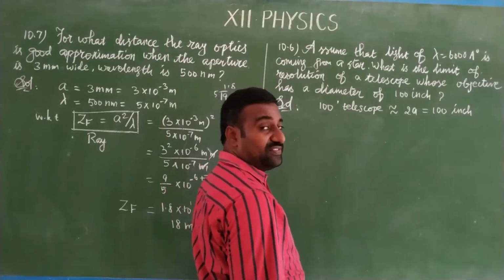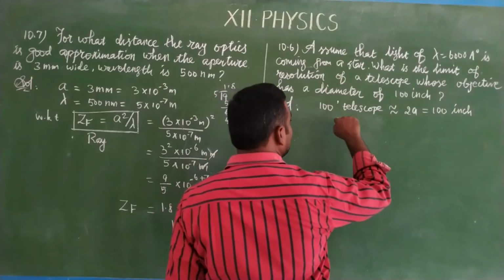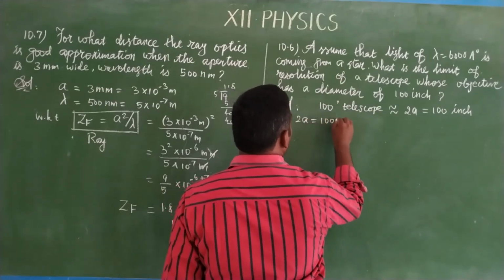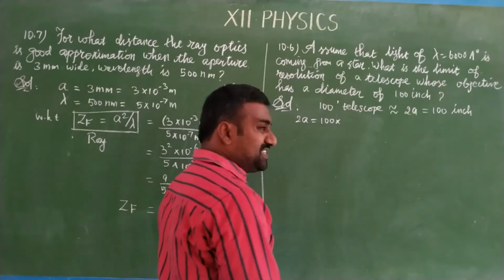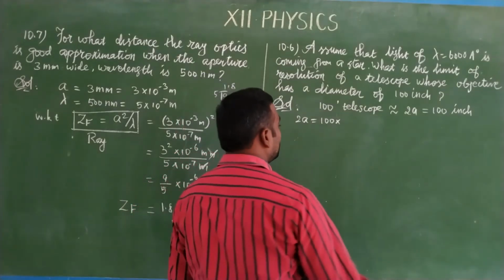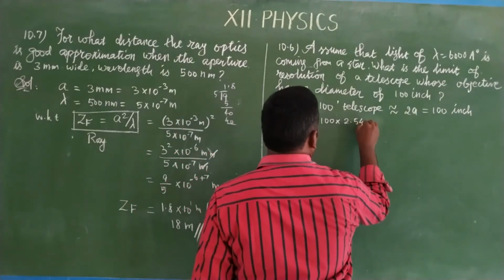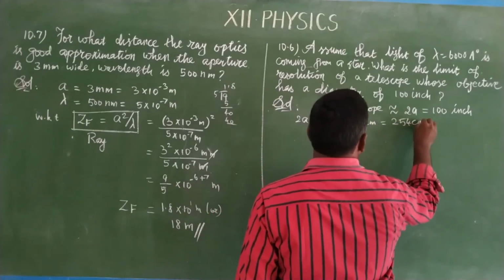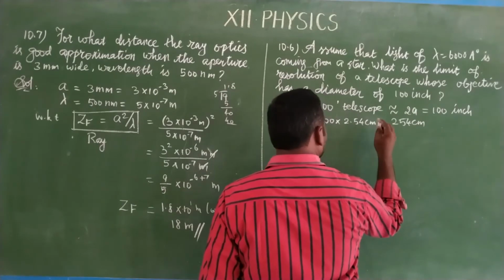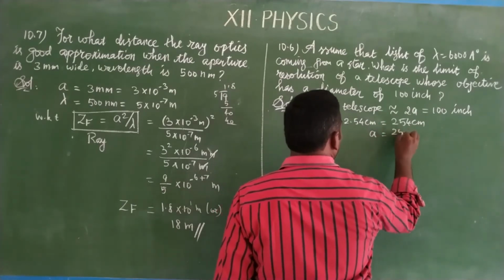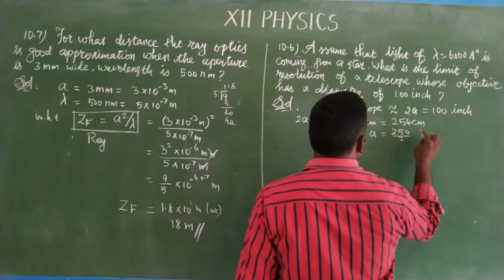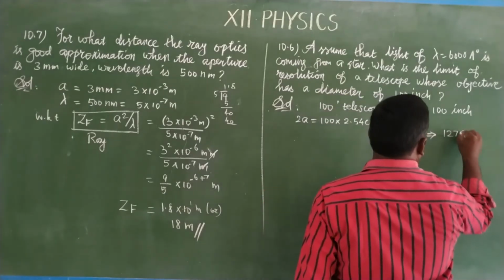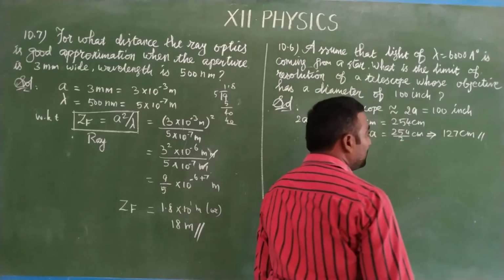But the unit of length should be meter, so converting inch into meter: 2a is 100 into 1 inch, which is 2.54 centimeter, giving 254 centimeter. So the width a is 254 by 2 centimeter, which is 127 centimeter.